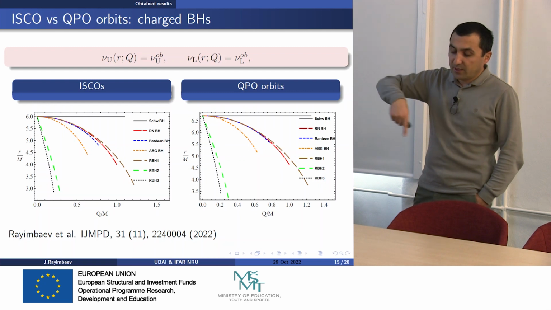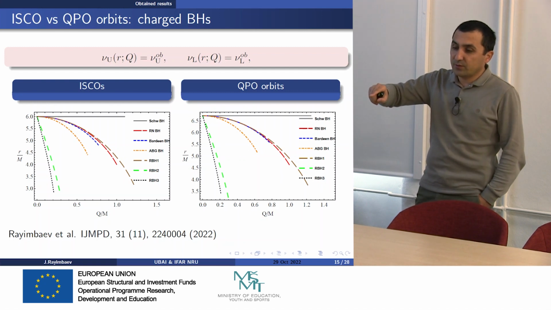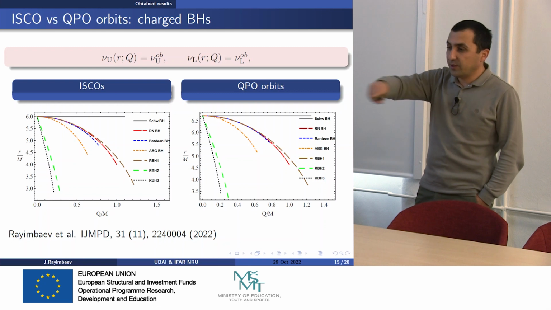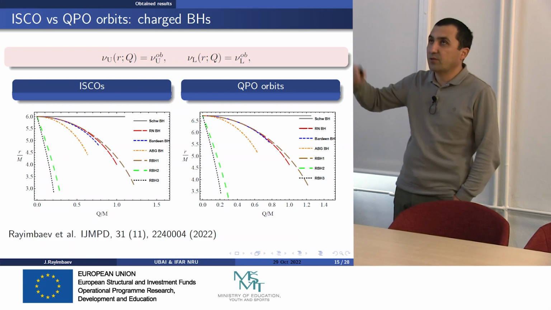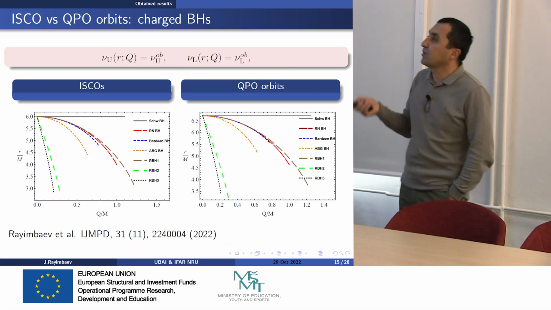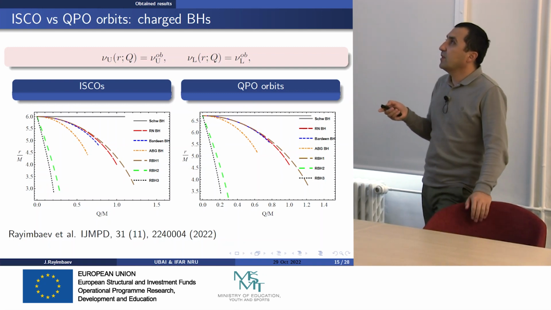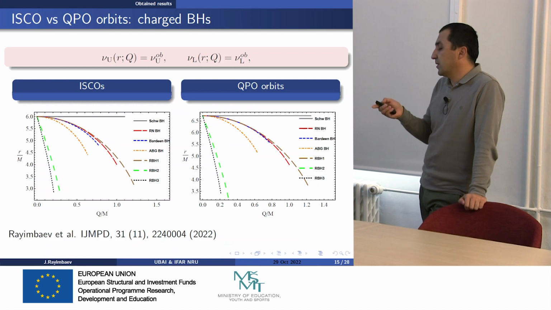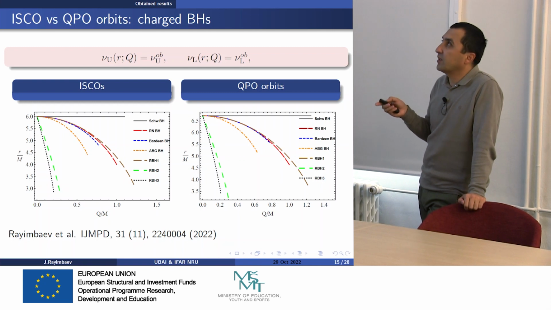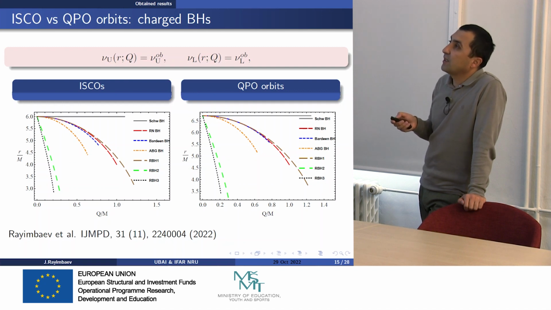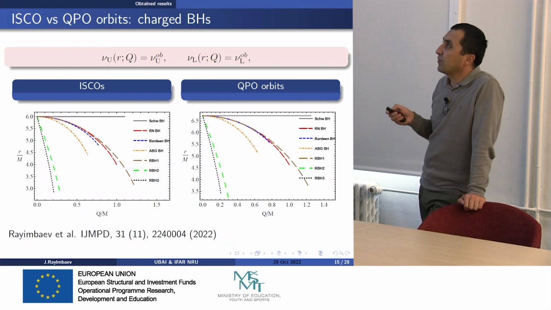It means the orbits where QPOs occur, where QPOs are generated by charged particles, and we use the 3/2 upper and lower frequency ratio. We can see that the behavior of the ISCO and the radius of the QPO are very similar.